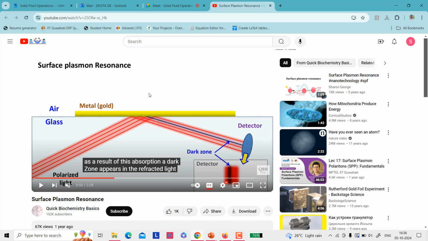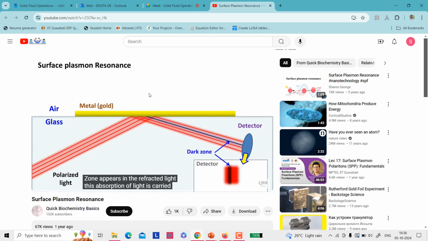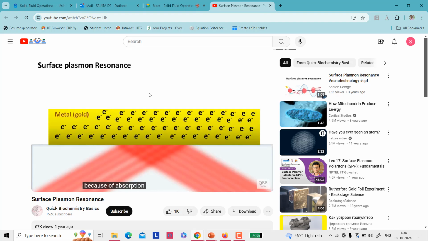Now, the surface plasmon resonance angle depends on the refractive index of the medium near the metal surface, and any change in the refractive index near the metal surface will cause a change in the SPR angle. So you can see how the band gap is changed, how the energy absorbed is changed.